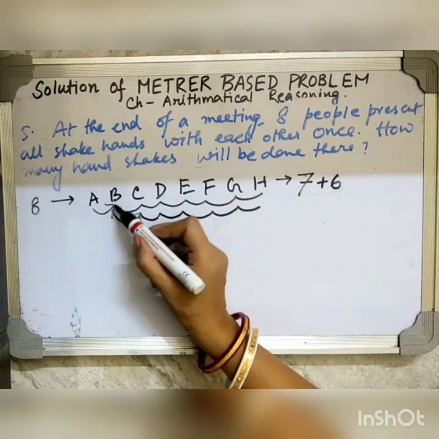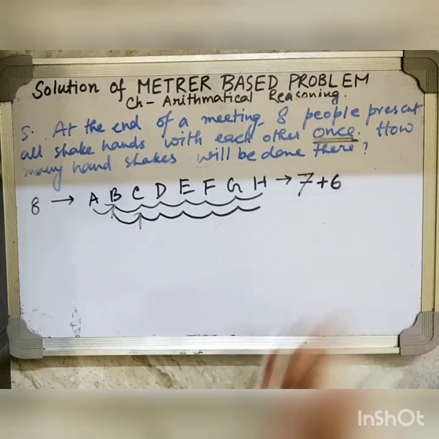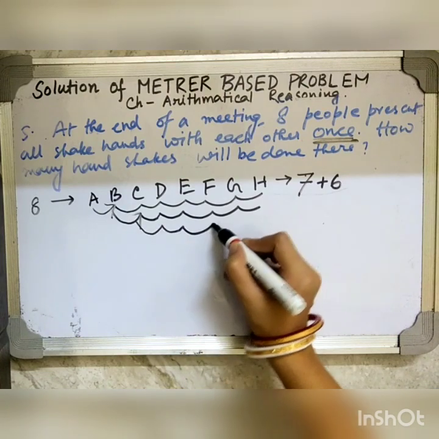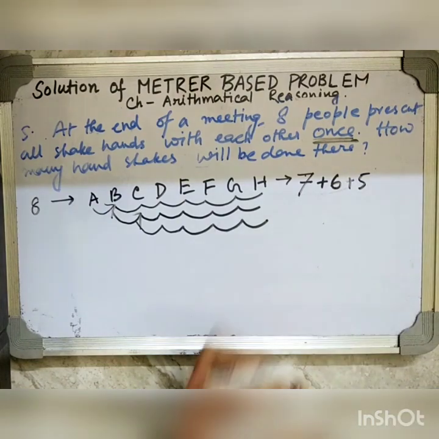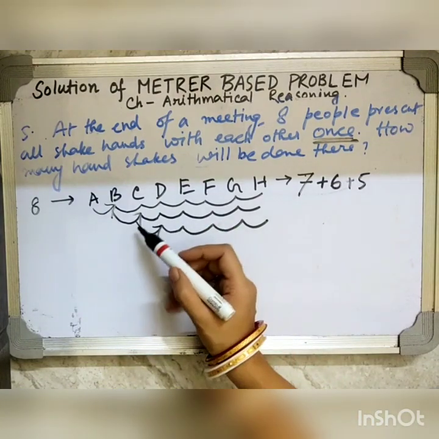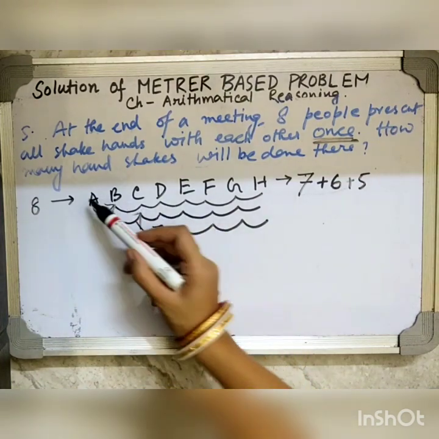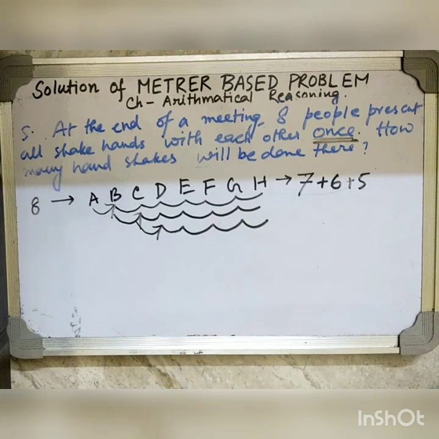Now B will not shake his hand with A because all of them are shaking their hands only once. Now C will shake his hand with these 5 people. So 5 handshakes will be there. C will not shake his hand with B and A because these are already done. A has already shaken his hand with C and B has already shaken his hand with C.